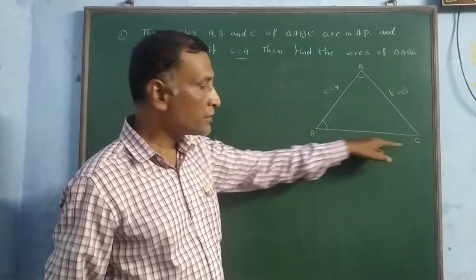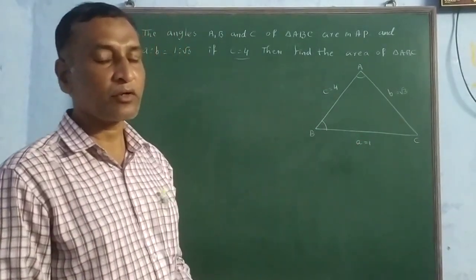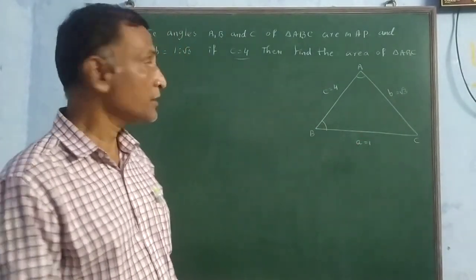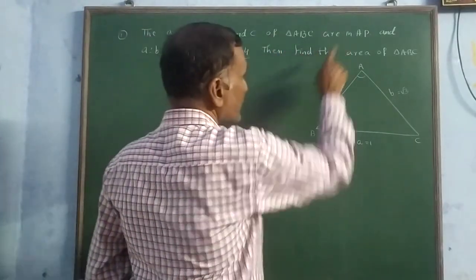One rule we can take: the sum of the three angles of a triangle equals how many degrees? 180 degrees. But these three angles are in AP.